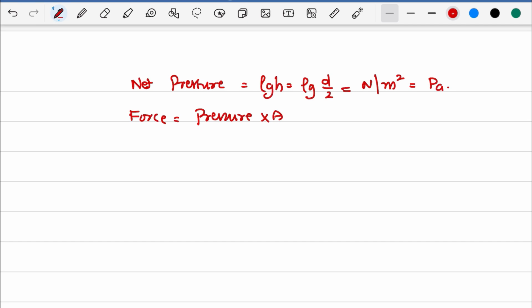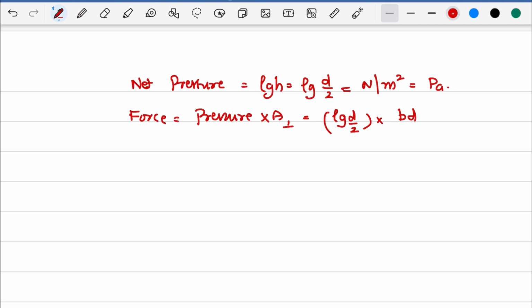Now, pressure into area, perpendicular area, perpendicular to the surface. Pressure acts perpendicular to the surface. Then force is equal to pressure, which is rho g d/2, into what is the area? Area of a rectangle is BD.